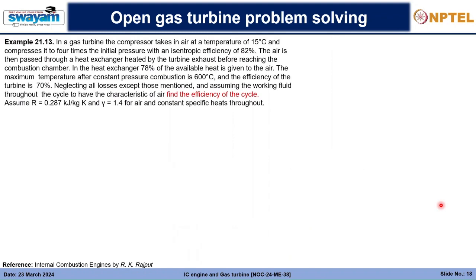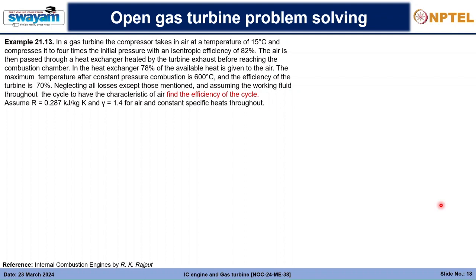Next question, it says that in a gas turbine the compressor takes in air at a temperature of 15 degrees Celsius and compresses it to 4 times the initial pressure, so pressure ratio is 4, with an isentropic efficiency of 82%. The air is then passed through a heat exchanger heated by the turbine exhaust before reaching the combustion chamber.